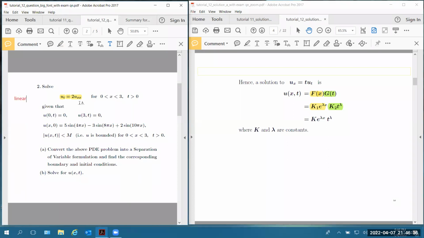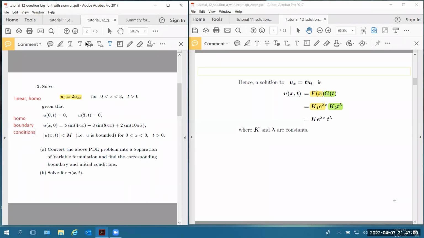So this is linear. Is it homogeneous? Yes, it is homogeneous because you don't have a term just involving x and t, right? So when you bring all the U terms to one side, you're going to get 0. All right, so it's homogeneous. Now, here we have homogeneous boundary conditions. This is a homogeneous boundary condition.